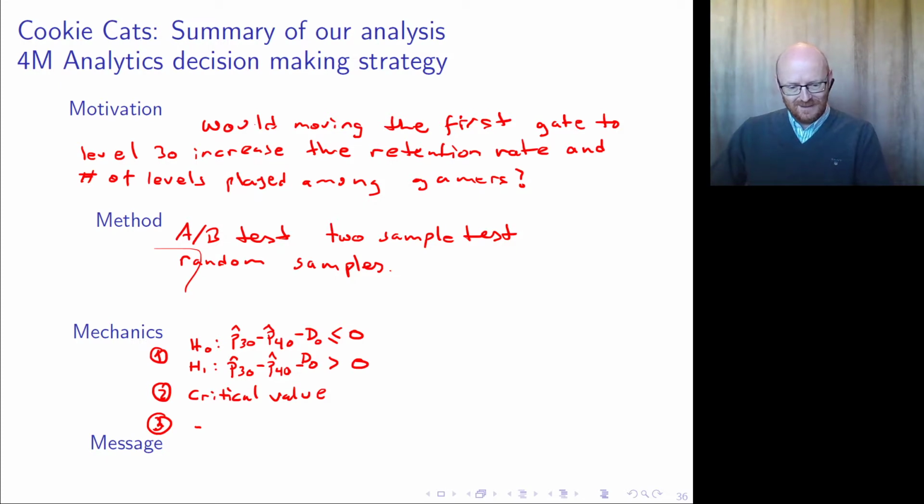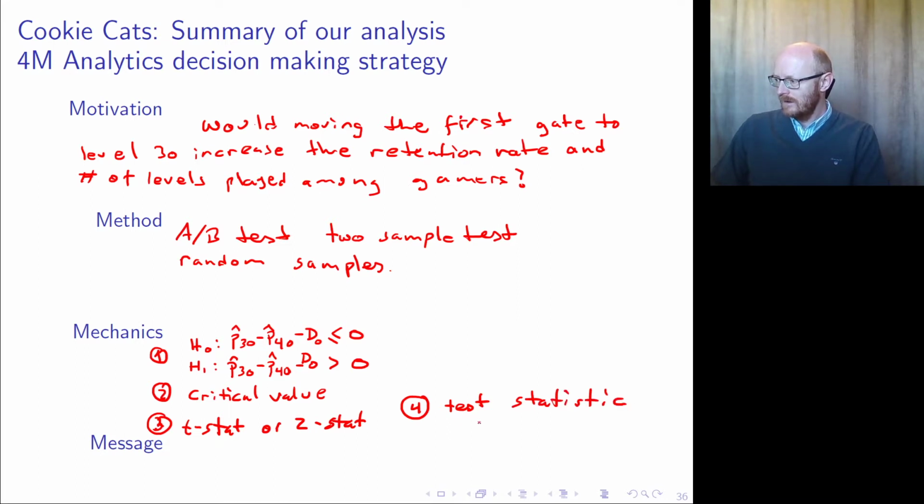Sometimes I forget. So then you calculate the T stat or Z stat, and then you compare the test statistic versus the critical value.